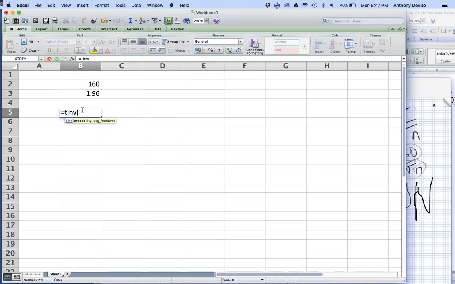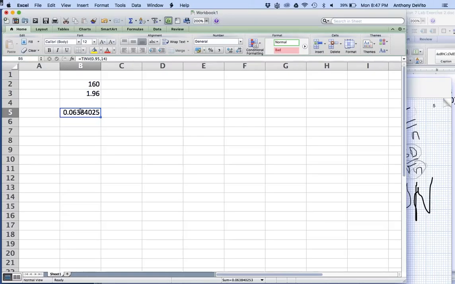Okay, T inverse. Let's say I want to know what the T value is for 95%, 0.95, for a sample size of 15. Degrees of freedom would be 14. Let me see if this works for me. The t-score is 0.063. Nope, that's not right.